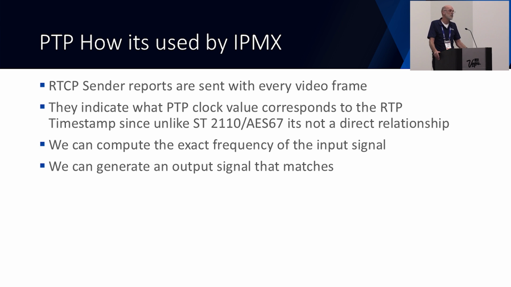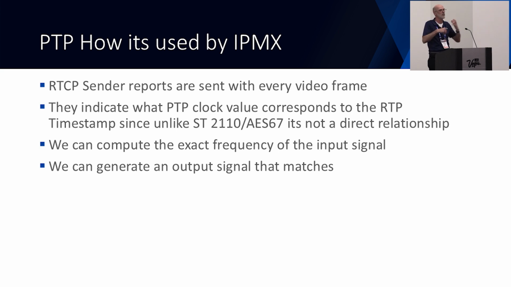That's where the RTCP sender report comes in. Like François explained to us, in an RTCP sender report, we have a PTP clock value that corresponds to the RTP time for our frame. Basically, every frame we say, by the way, my RTP timestamp is aligned to PTP this way: my RTP timestamp for this frame corresponds to this time in PTP.